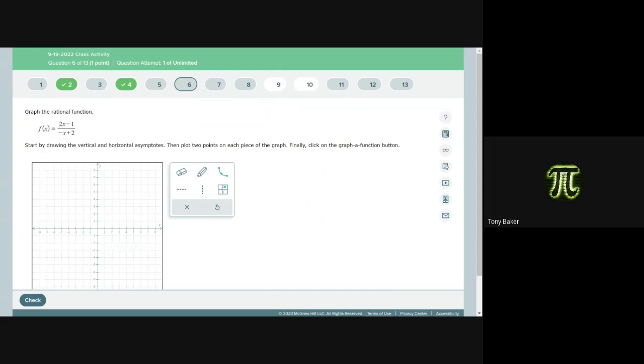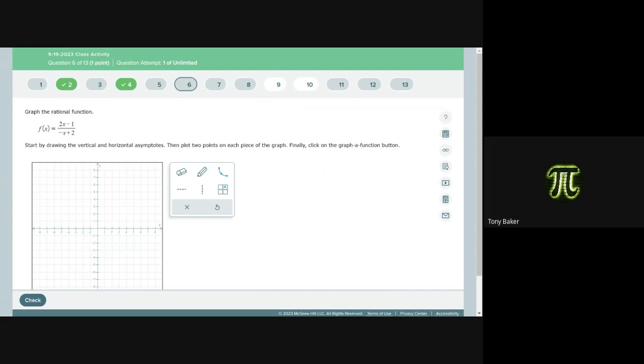All right, so the only difference between this problem and the ones we just did is this problem asks you to graph the function, not necessarily find your horizontal and vertical asymptotes. We do need to find our horizontal and vertical asymptotes to do the problem, but we have to do a little extra work after that point to actually graph it. So what Alex wants is the horizontal and vertical asymptotes and then 2 points on each part of the graph.